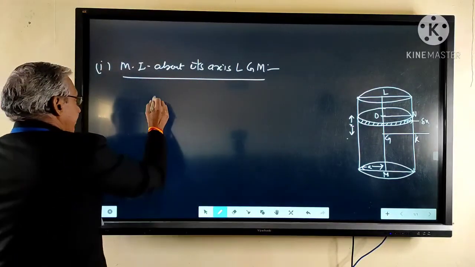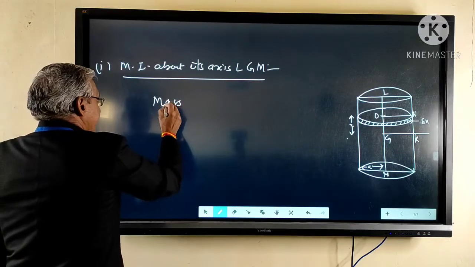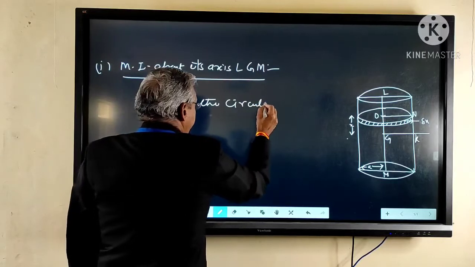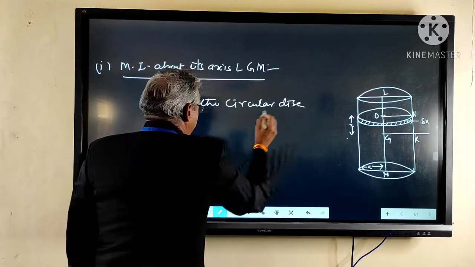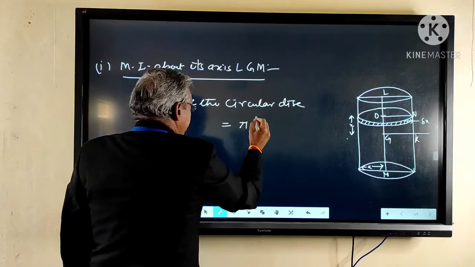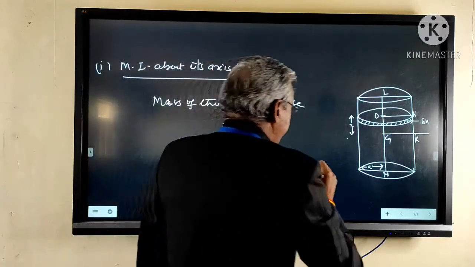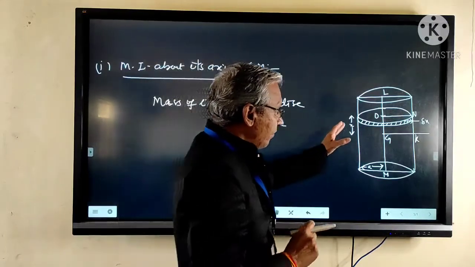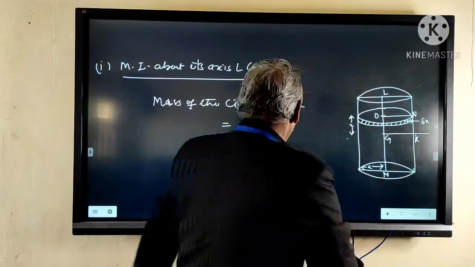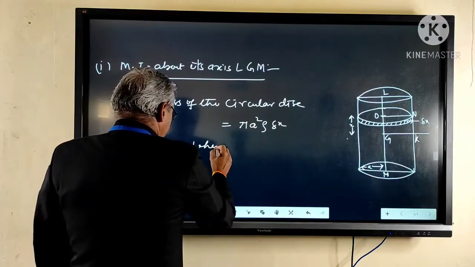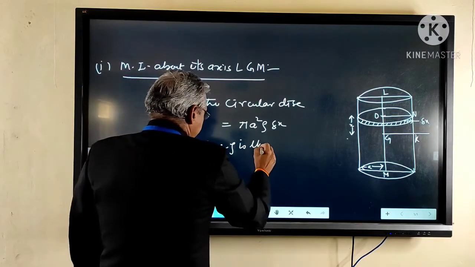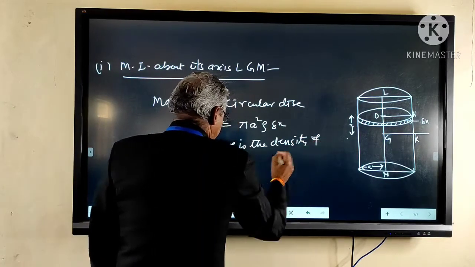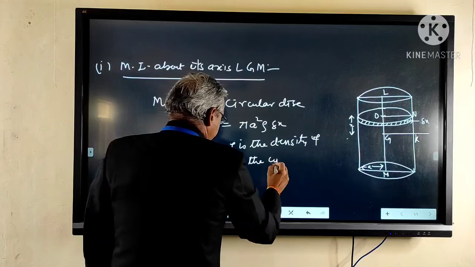So here the mass of the circular disc equals pi a square rho into delta x, where rho is the density of the cylinder.